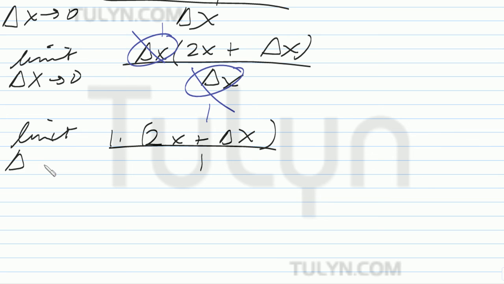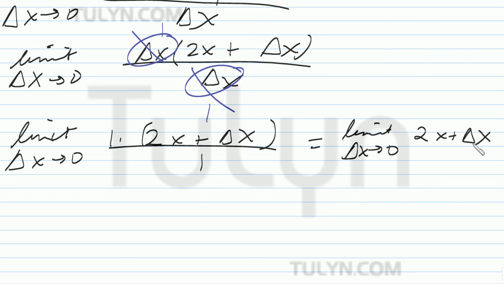As delta x approaches 0, it's going to be the limit as delta x approaches 0 of 2x plus delta x. So then just go ahead and plug in 0 for delta x, and you're going to get the limit of 2x plus 0.